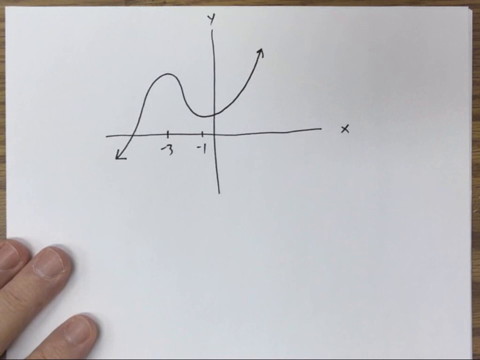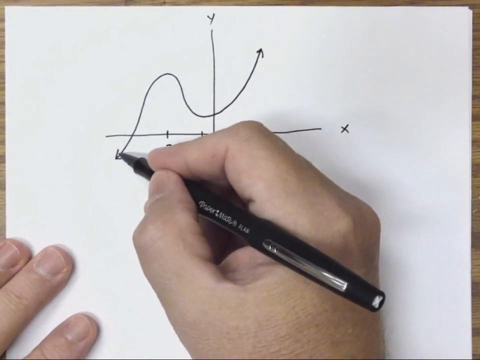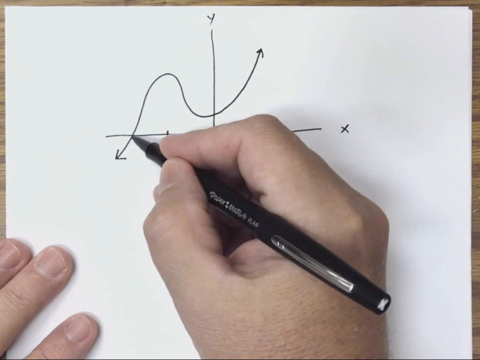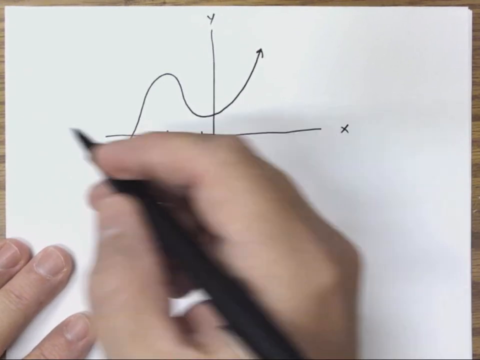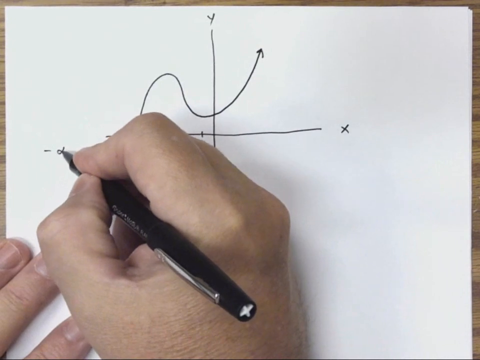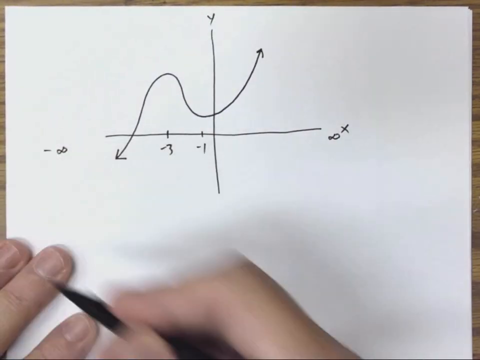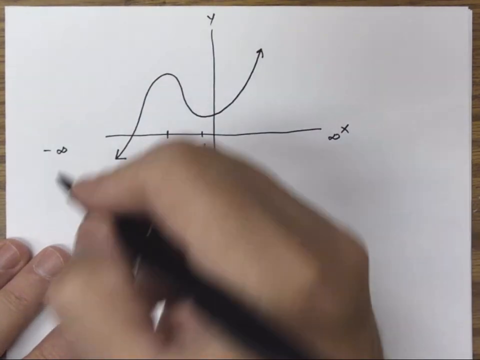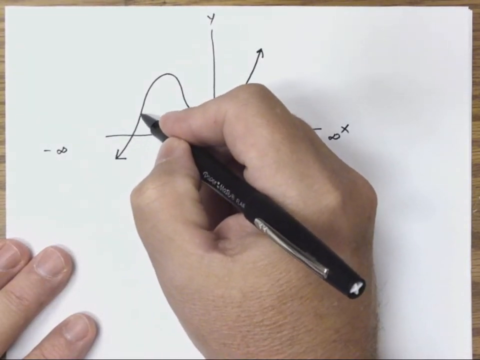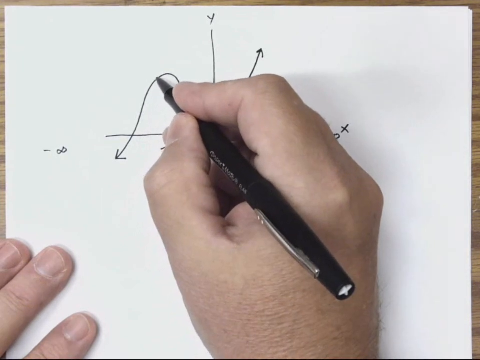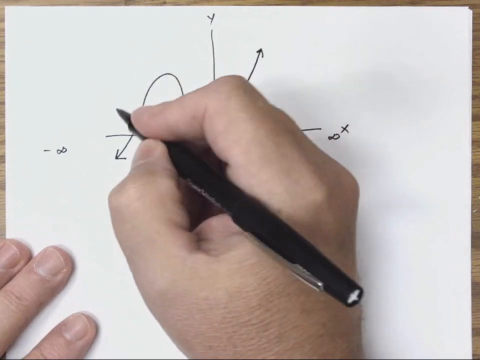A function or graph increasing means when you go from left to right as you're tracing the graph, if it's going up, it's increasing. So as this graph starts out, way out here at negative infinity, as I'm moving to the right, it continues to go up until finally it reaches this maximum here.